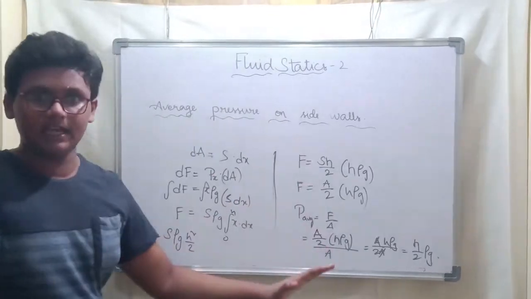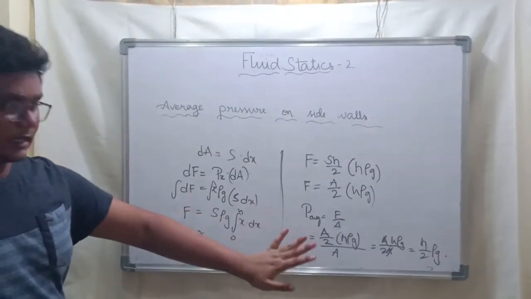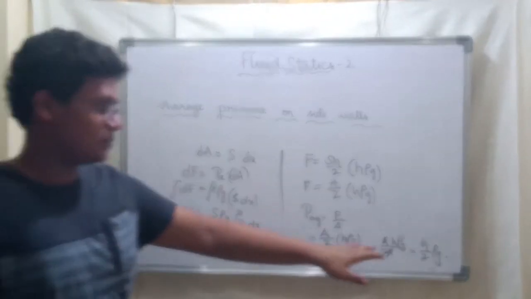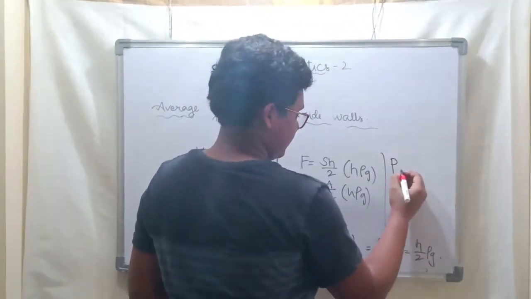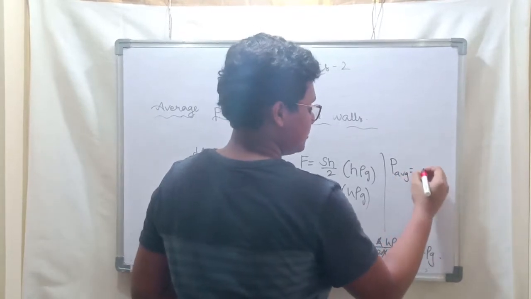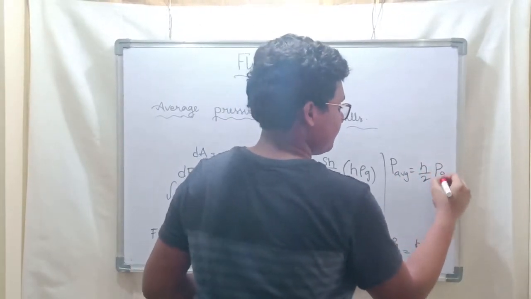So the average pressure on the side walls is P average equals h by 2 into rho g.